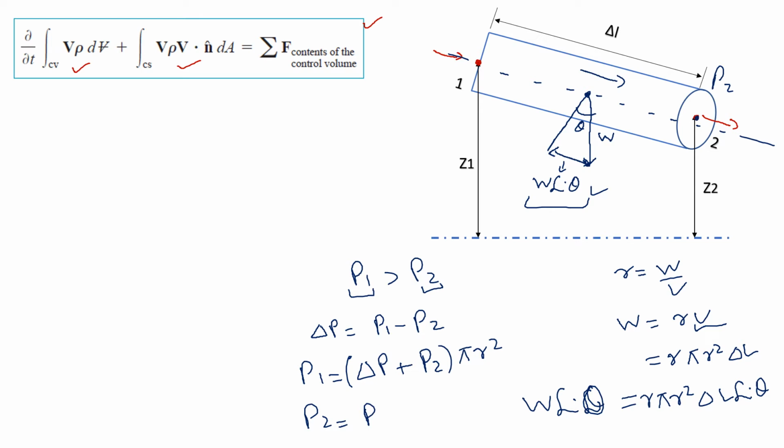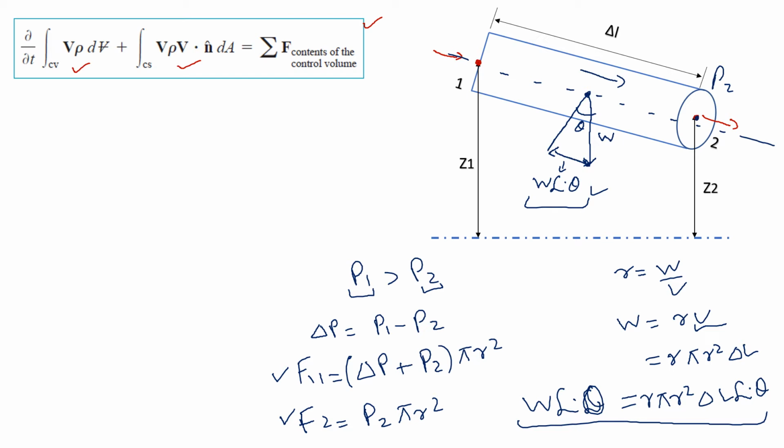These are the force terms right here, at F1 and F2. So these are the forces at section 1 and section 2, and then these are the components of weight that act in this direction.